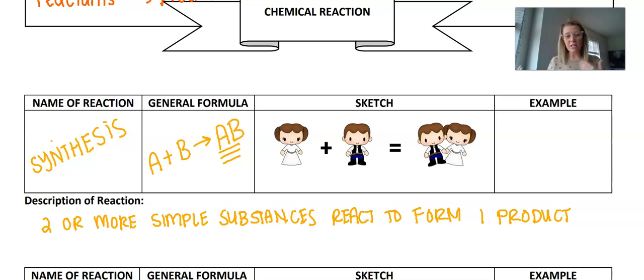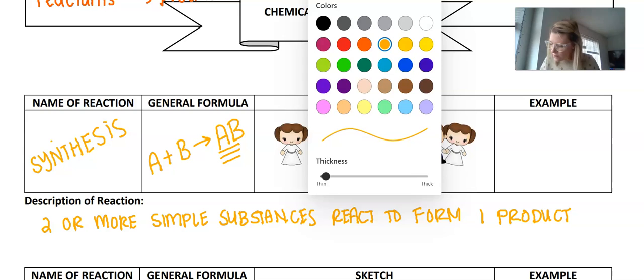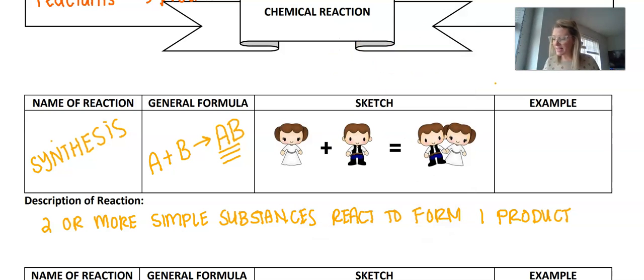Let's talk about a real world example of a synthesis reaction. One that is very easy to be familiar with as an example would be the synthesis of water. We talked about this in class, but that's going to be H2 plus O2 becomes H2O.